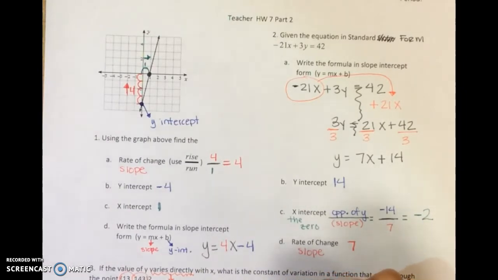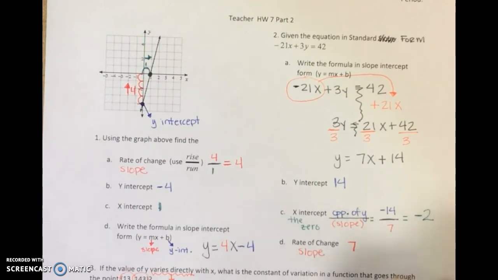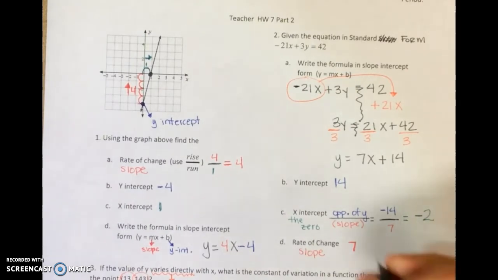When they give you 2 numbers, to find the constant of variation, you have to do y divided by x. It's a point. This is always x, comma y. So my y is 143 divided by the x, which is 13, and you get 11. So that's the answer right here.